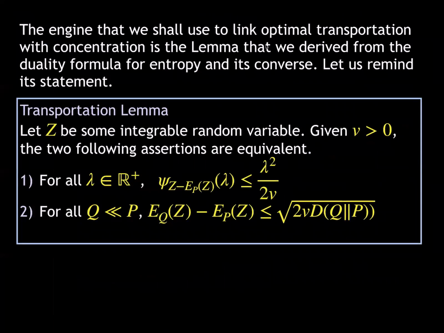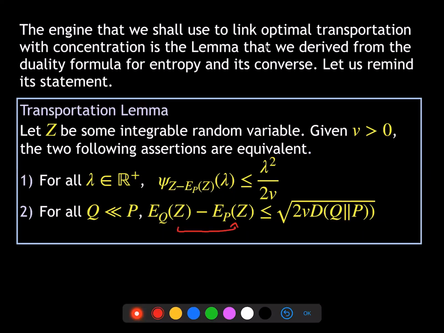So in this transportation lemma, you have two statements. The first statement is that the moment generating function has a sub-Gaussian control here. And the second statement is that when you compute the difference between the expectation of z under q and the expectation of z under p, it is under control by the square root of 2v times the relative entropy, and this has to be true for all q, which is absolutely continuous with respect to p.